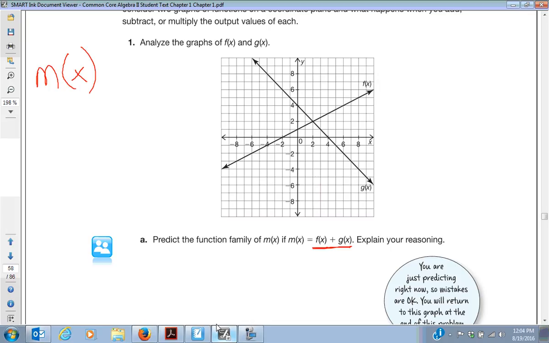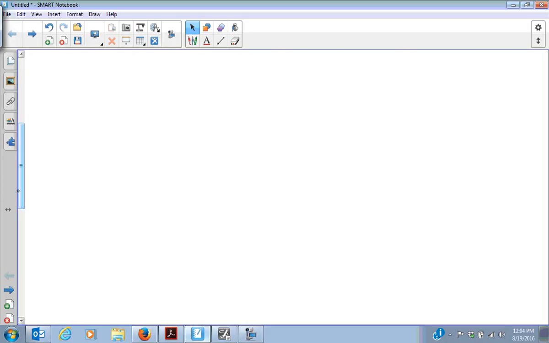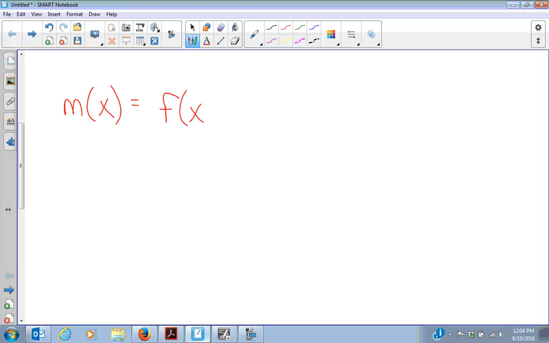So, if I'm going to make m of x, I'm going to take f of x and g of x and add them together. Let me write this. m of x equals f of x plus g of x. Now, what does this really stand for?